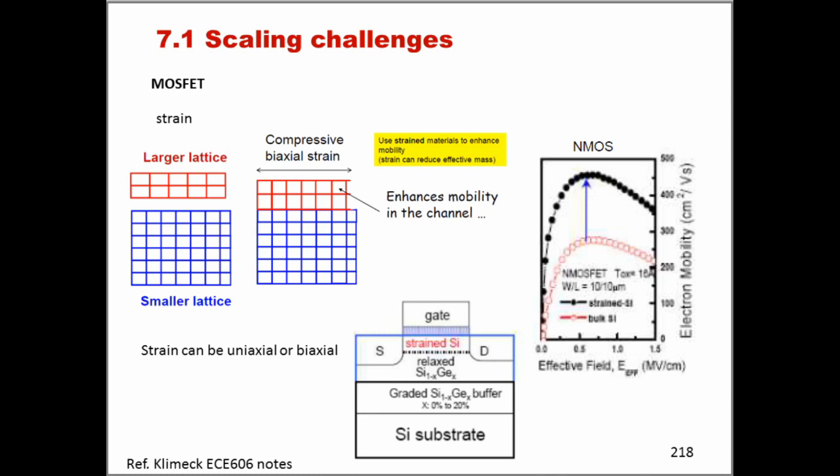So in microelectronics, strain is used to effectively modify the effective mass of the carriers in the strained material. The idea is obviously relatively simple. Let us imagine that the channel of our transistor is made of this material here, which has a quite large lattice.